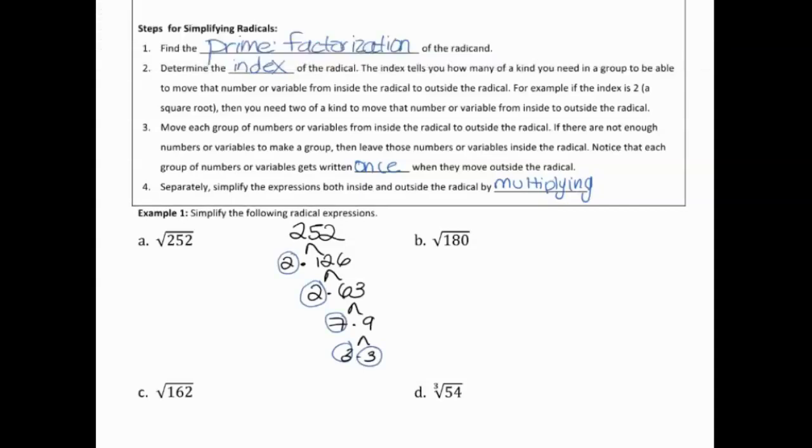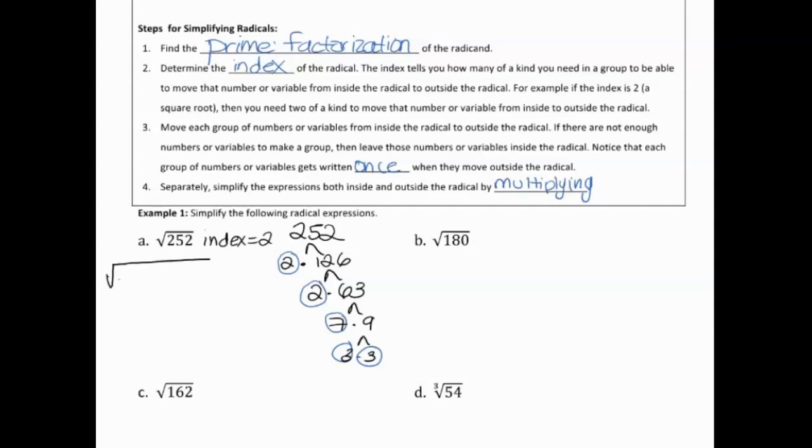All right, so our second step is to determine the index of the radical. In this case, when we don't have an index outside, it means it's a square root. So our index is a 2. Now we're going to use the prime factors and rewrite the 252.